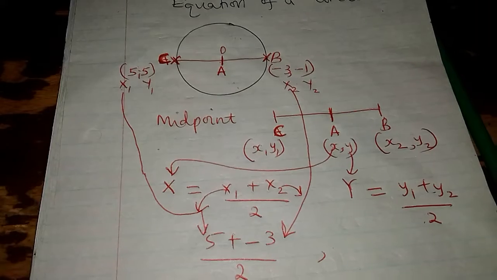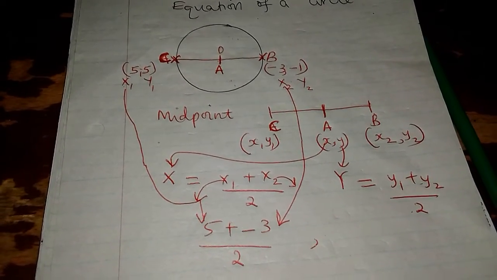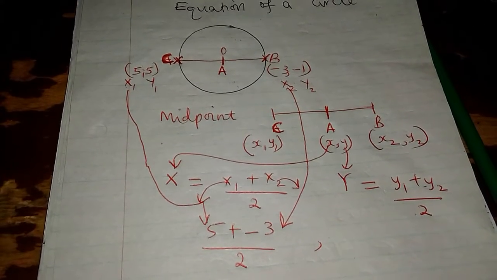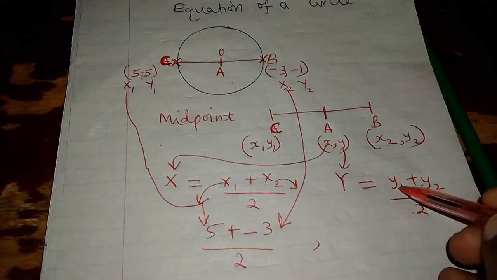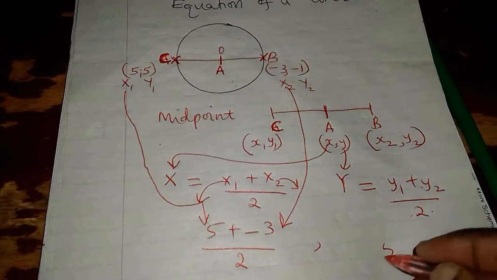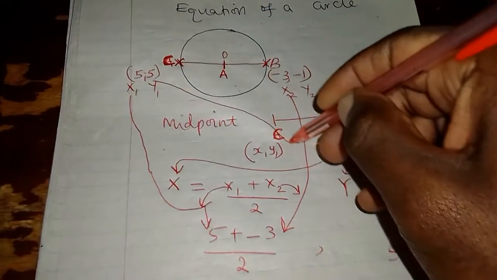Then I look at the other part of that working, which involves y1 and y2, divided by 2. y1 is 5, our y1 is here.